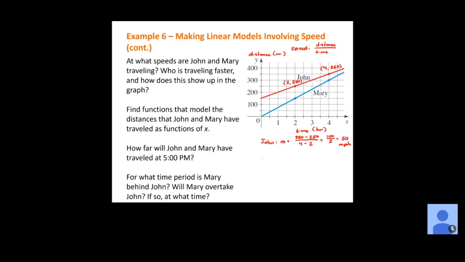All right, now let's look at Mary. Again, I want to calculate slope, so I'm going to need 2 points. I'm going to find points on Mary's graph. This is going to be 4, 300, and this other point is going to be 2, 150.